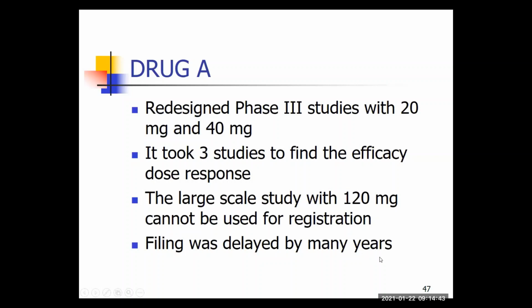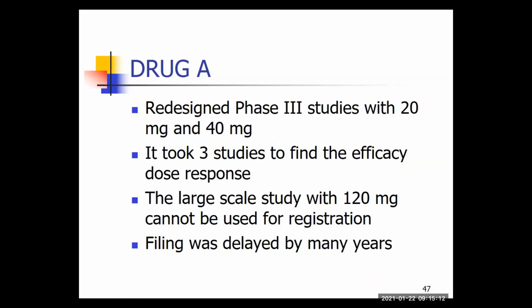This is a huge failure in dose finding, in dose ranging. We used 3 dose ranging studies to find the right range of doses, and our phase 3 study used 120 milligram, which cannot be used, and it's a major erosion into the patent life.